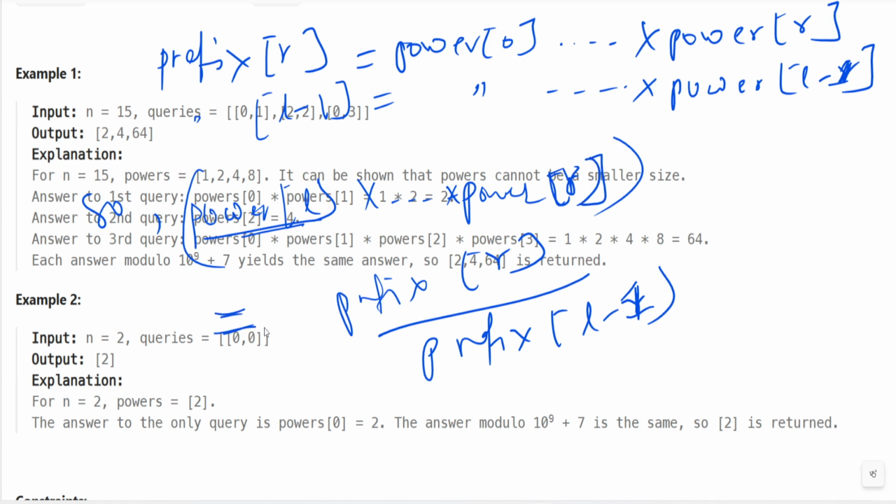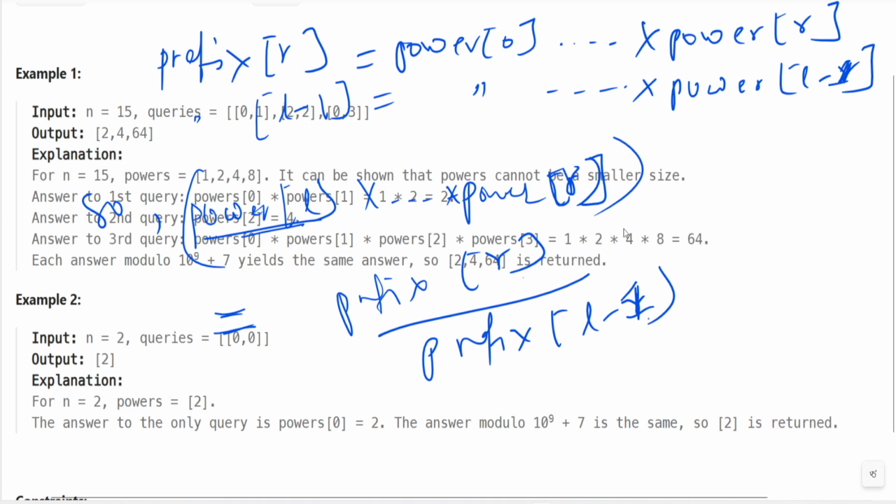It is equal to prefix at r divided by prefix at L minus 1. In modulo math, division is replaced by multiplication. You just take this in the multiplication and you will get the modular inverse.